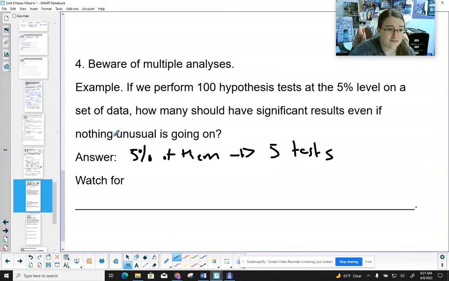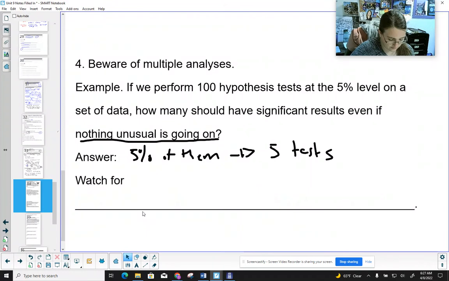The reason why is, even if nothing unusual is going on, but we get a significant result that something unusual is going on, then we are wrong ourselves in our conclusion. We have a 5% chance of being wrong here.